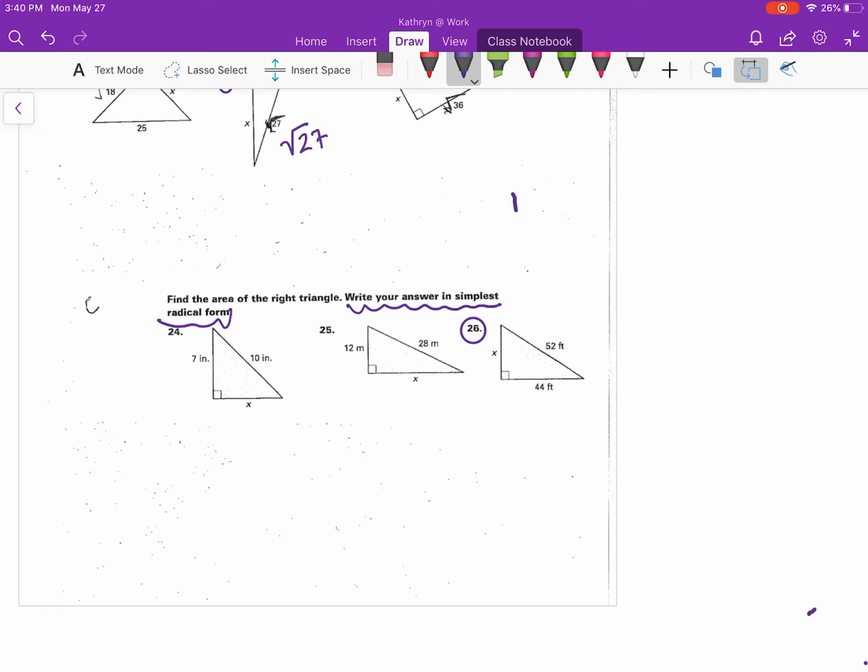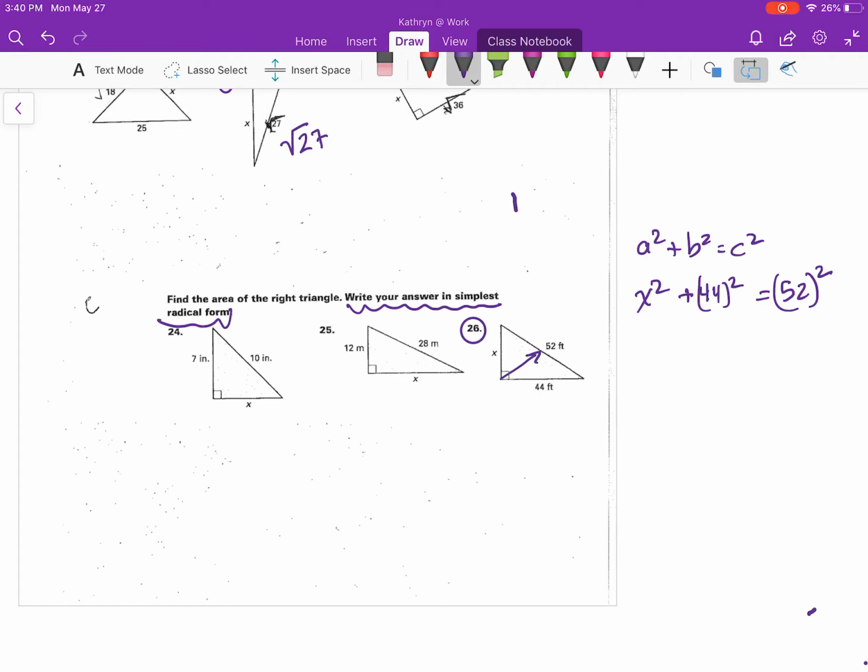So number 26. I'm using a squared plus b squared equals c squared. So x will be one leg and 44 will be the other leg. And then 52 is the hypotenuse.